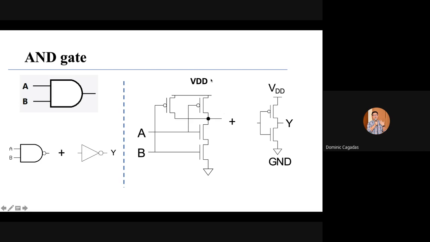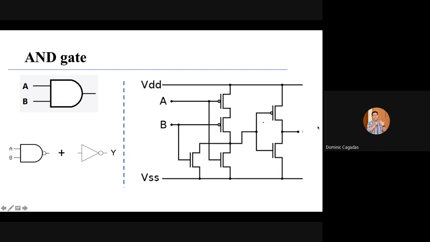So you have here your AND gate: PMOS parallel, NMOS series, plus inverter. I hope this is clear. AND gate, NAND gate plus inverter. So if you combine these two, then you will have this one.